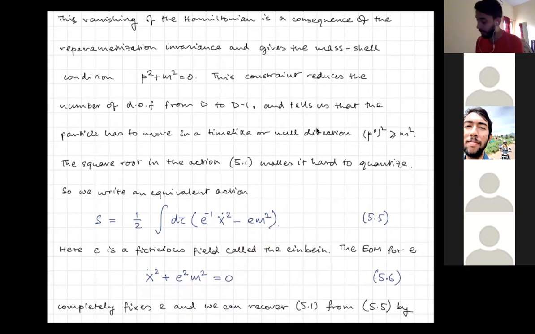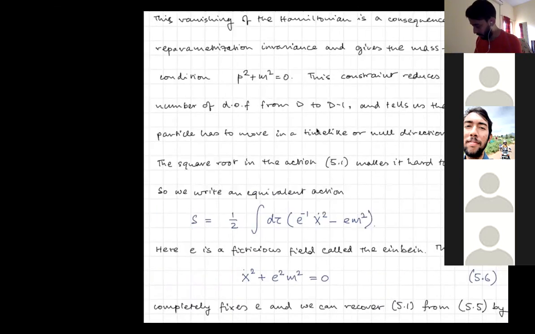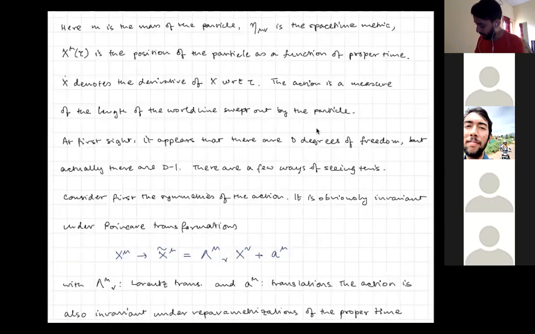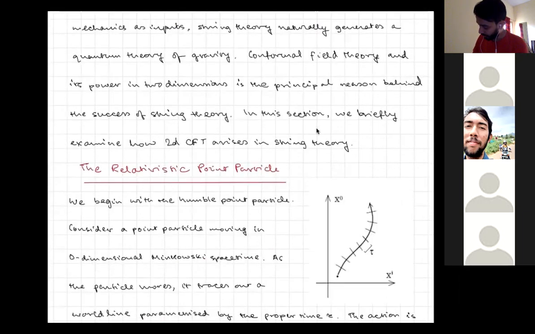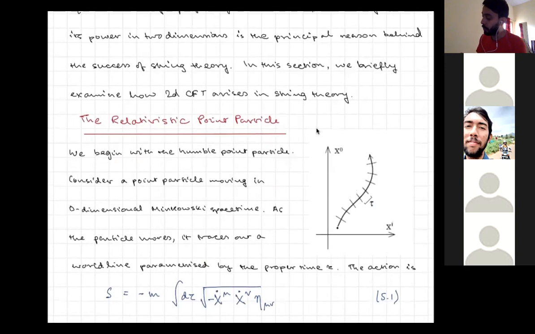It's a simple exercise that from this action, you can also get to the square root action. One more thing that is important here is that suppose you wanted to look at a point particle which is massless. You have mass which sits out here inside the square root, so that action is not very suited for taking massless limits.